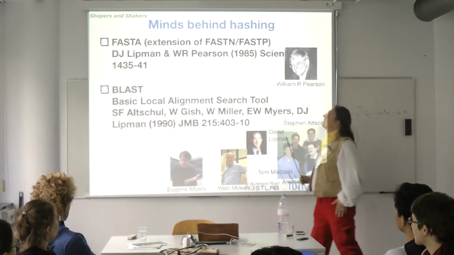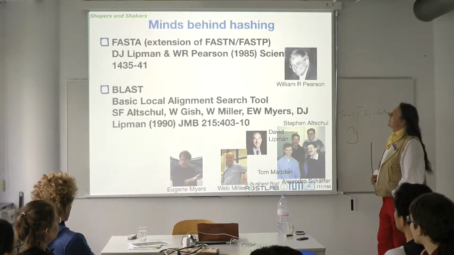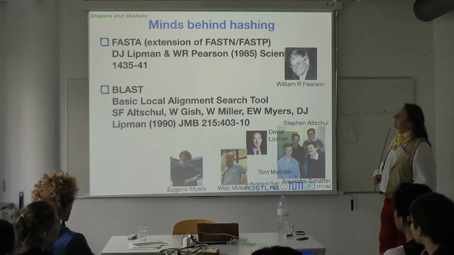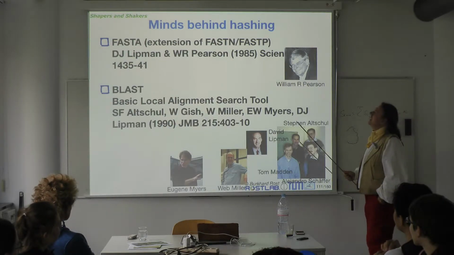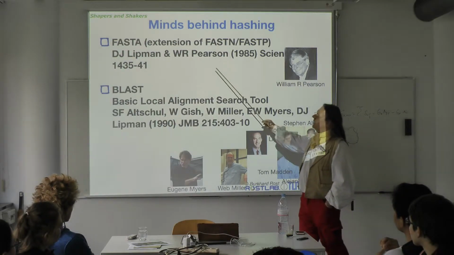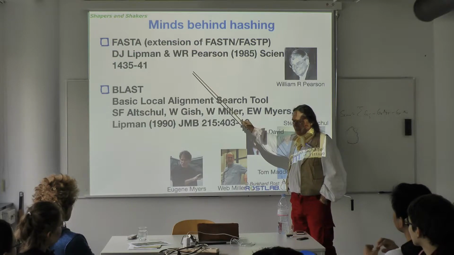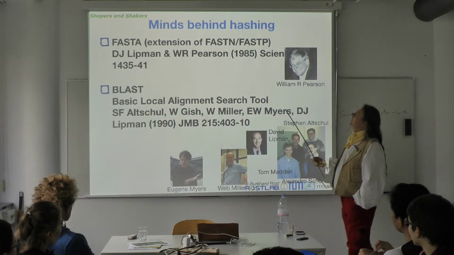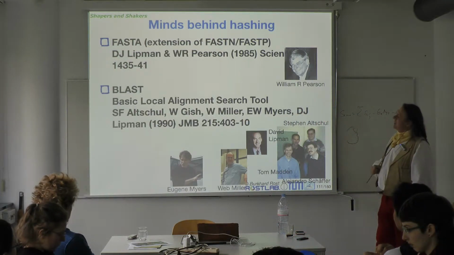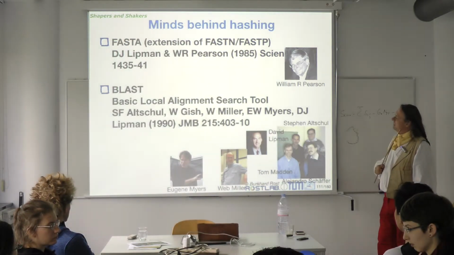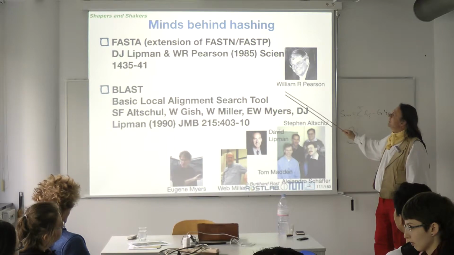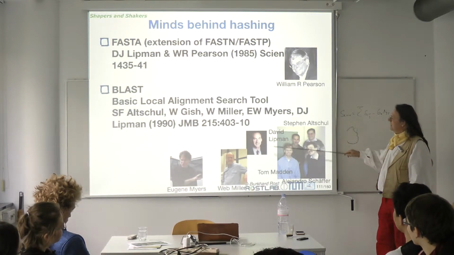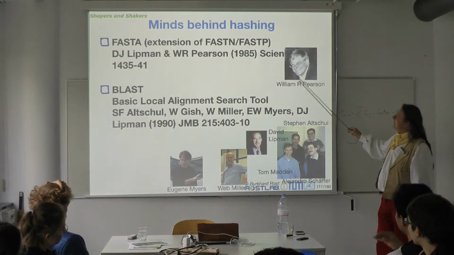expectation value. Just to bring faces back, again, science is communication, is networking, and it's important to remember who are the people behind. FastA is a similar idea as BLAST. The major difference of FastA and BLAST I'll get back to in a moment. It comes from Bill Pearson. The person who is on both papers here is David Lipman, NCBI director for many years.